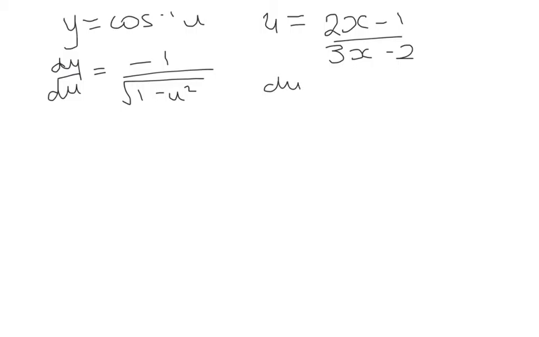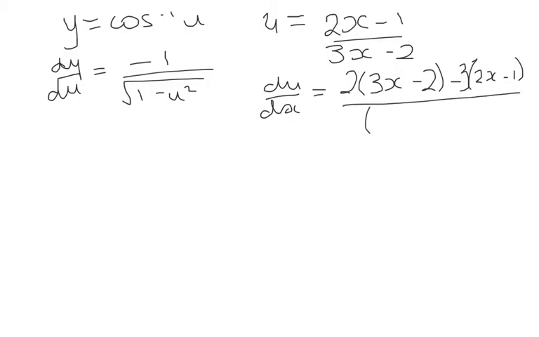For du dx, we use the quotient rule. Differentiate the numerator, that's just 2, multiply by the denominator bracket left alone, then subtract the numerator multiplied by the derivative of the denominator, which is 3. So I'm going to squeeze the 3 in here, because those two are multiplied. Divided by 3x subtract 2 all squared.